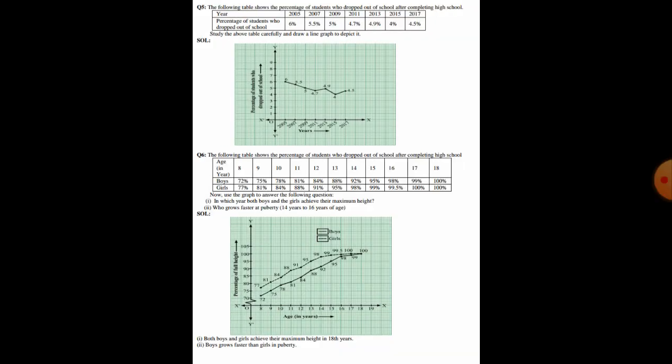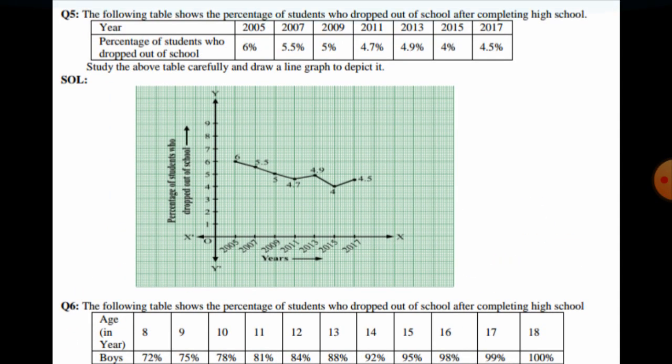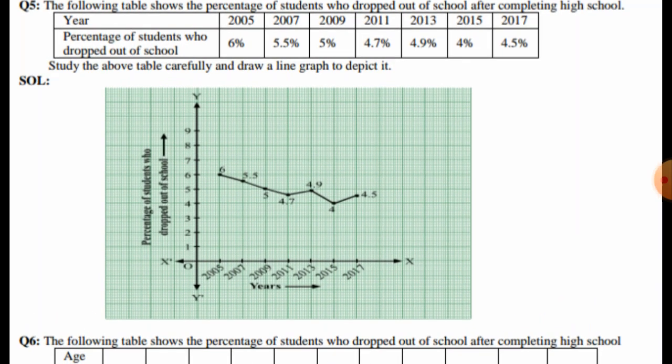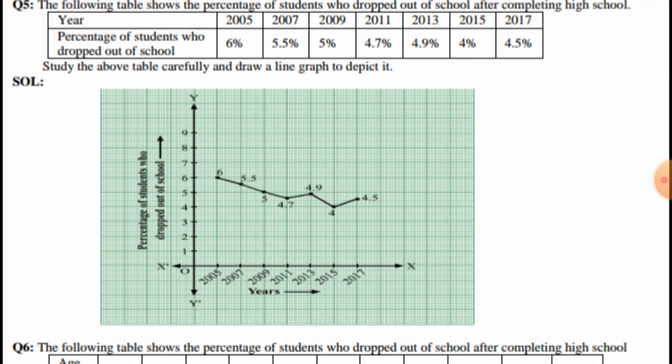Now after this, next question, in question number 5: the following table shows the percentage of students who drop out of the school after completing high school. So here we have given the percentage of students who drop out of the school. In the same way, on the x-axis we can represent year, and on the y-axis percentage of students.